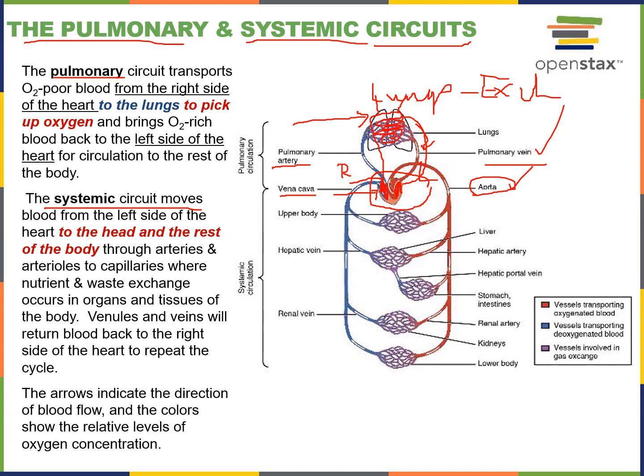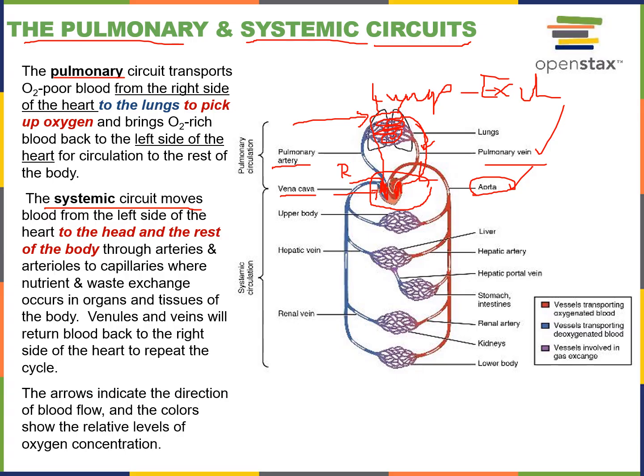And the aorta branches to give every single artery that we have in our body. Every artery in the body gets its blood from the aorta. Again, the only exception is the pulmonary artery.